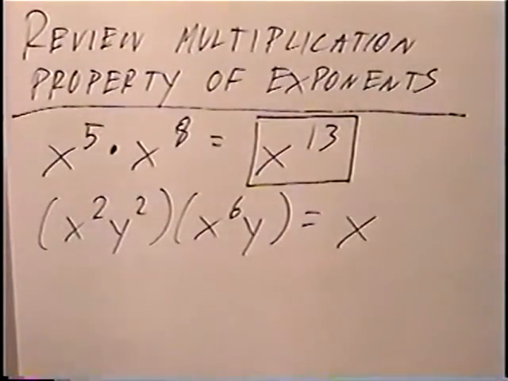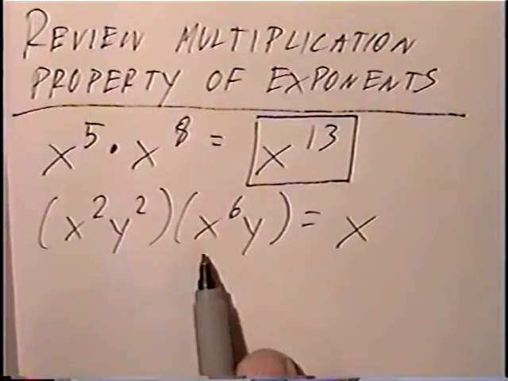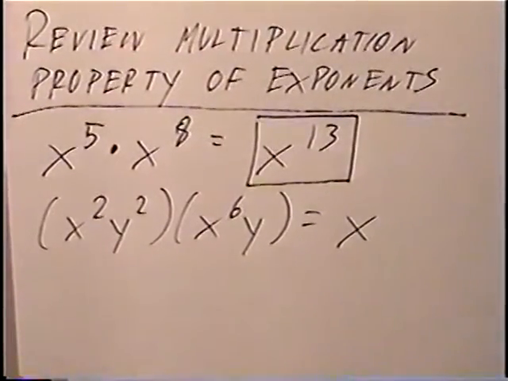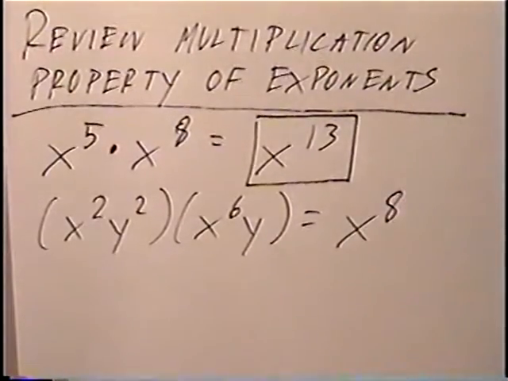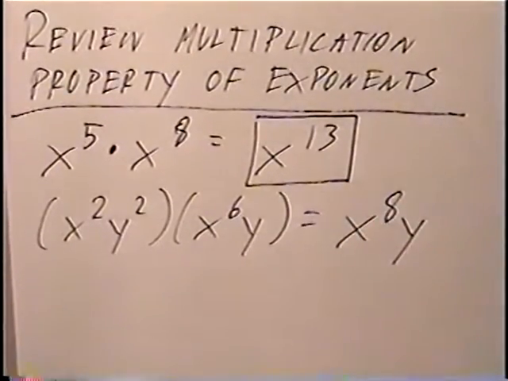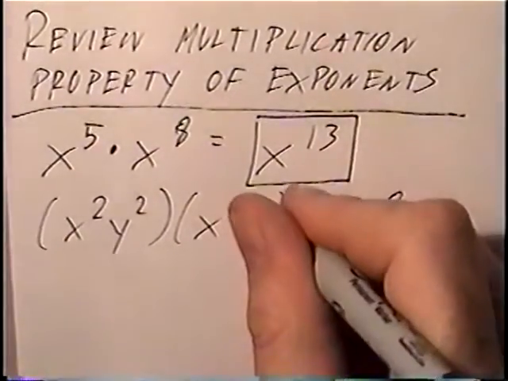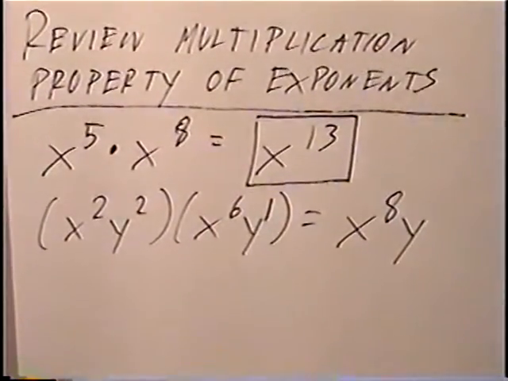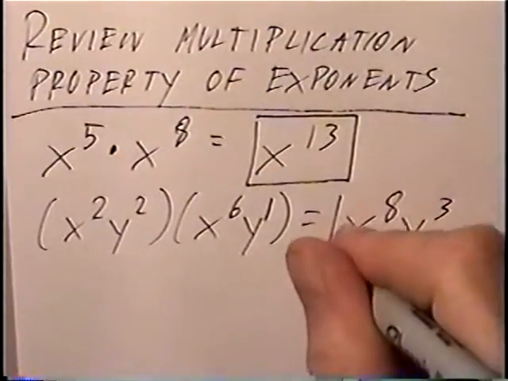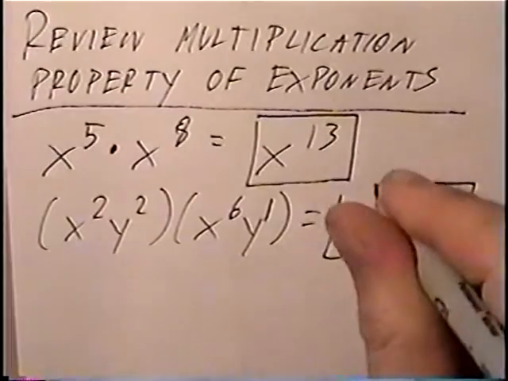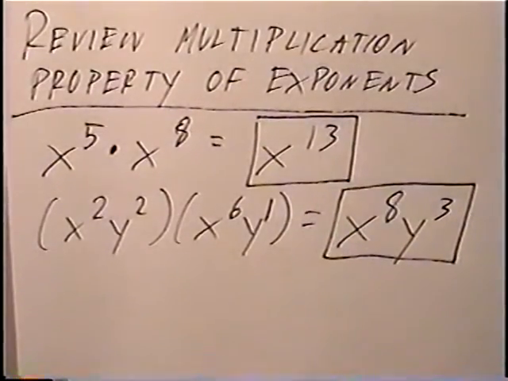The x's, if we combine those, x to the 2nd power times x to the 6th power, we'll add the exponents, which would be x to the 8th power. And the y variable, y squared times y. The y, again, you can add the exponent of 1 if there's no exponent, and 2 plus 1 would give us 3. So our final answer, x to the 8th times y to the 3rd.